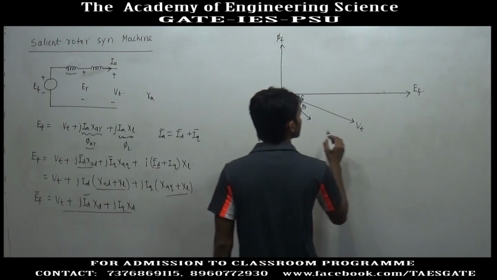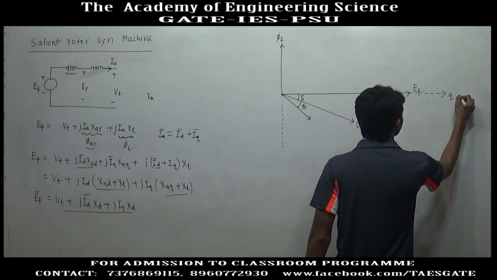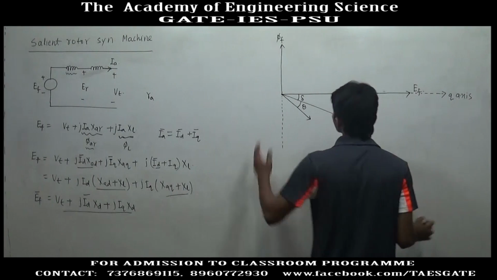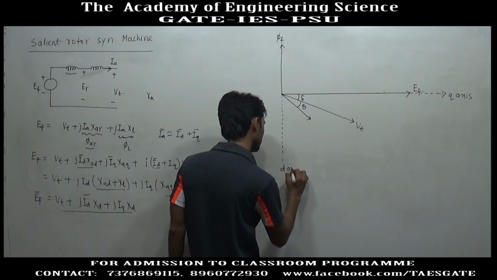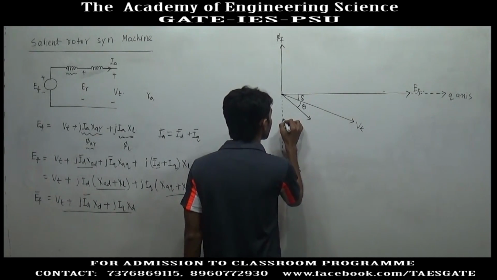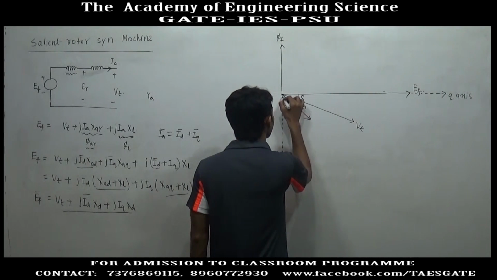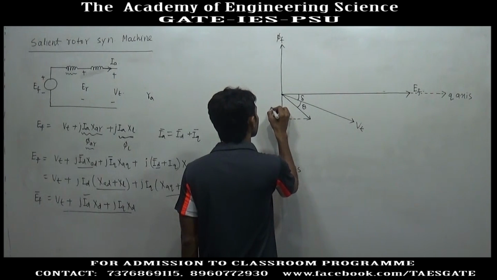This is the D axis, and this is the Q axis. Along the flux we will have the D axis. If this is the armature current, this current is the D axis current ID.